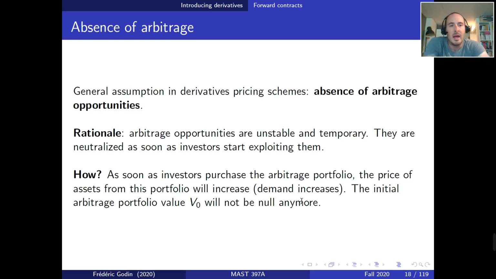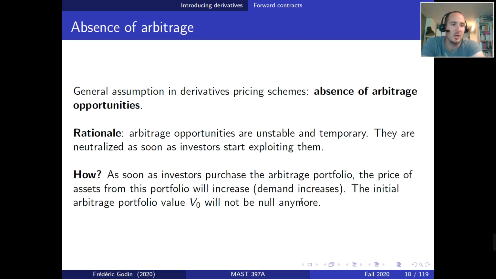So as soon as there's an arbitrage portfolio, people will start purchasing that portfolio, and the price of the portfolio, which is initially 0 by definition of an arbitrage strategy, will be pushed higher than 0 by investors purchasing it, and then it's not an arbitrage opportunity anymore.